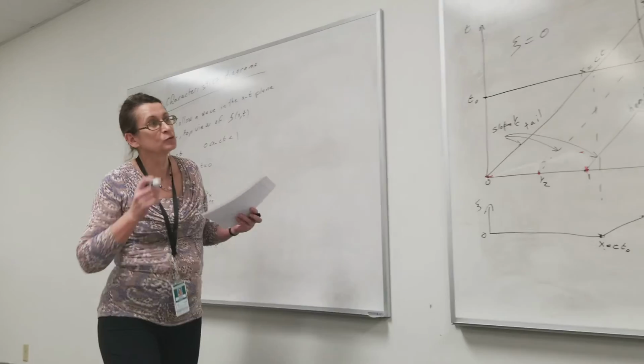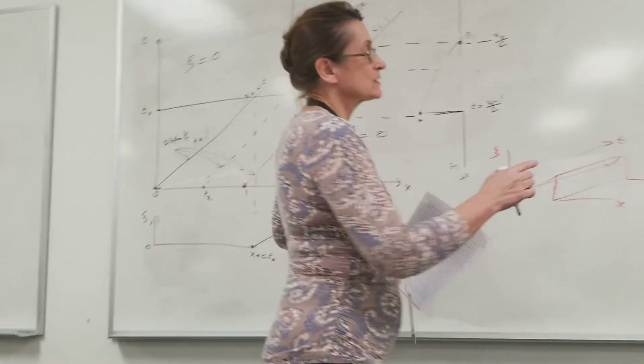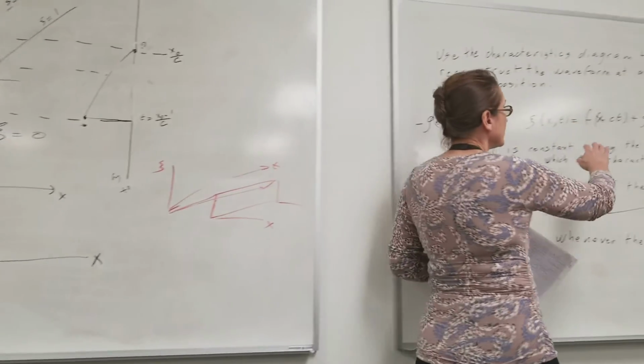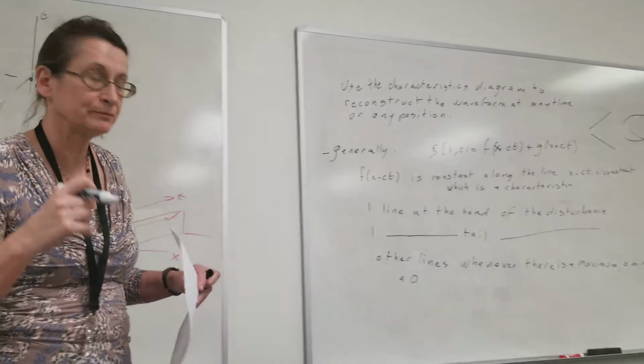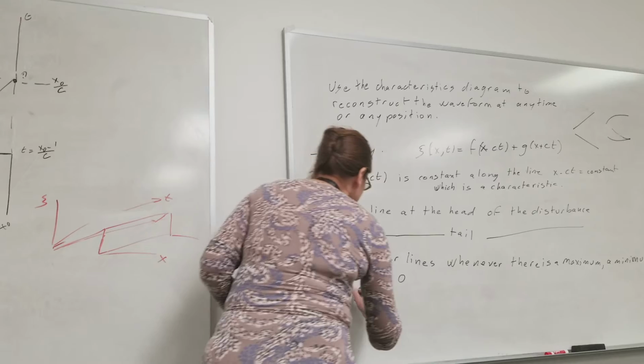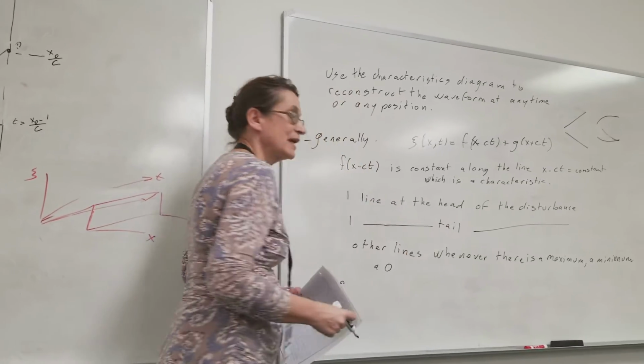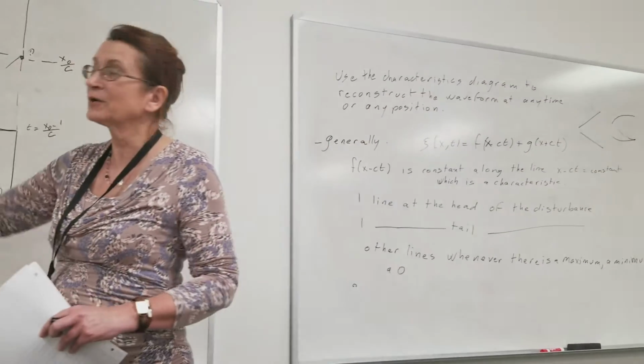We have two things happening. We've got an f of x minus ct which moves forward. We also have a g of x plus ct that moves backwards. So for the g of x plus ct, you'll do the same thing except that the lines are going in the opposite direction.